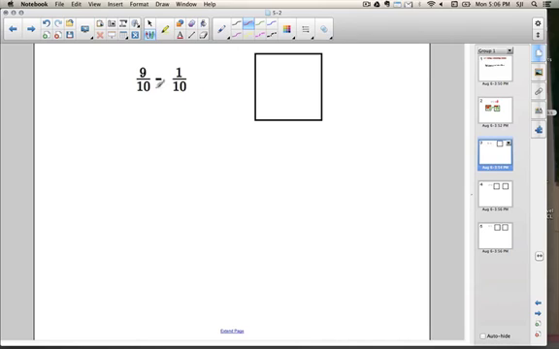Here's another one. This time we're going to be subtracting. Notice that they're both tenths, so that means I'm going to take my square over here and divide it into tenths. There I have 1, 2, 3, 4, 5 pieces going that way, and now if I cut them all in half, I get tenths.